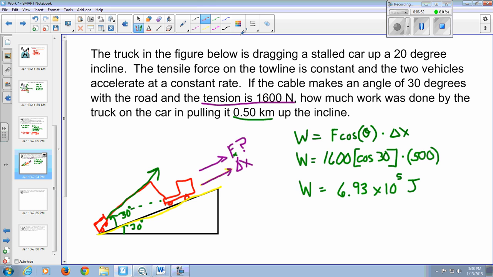When we calculate, we get 6.93 times 10 to the 5th joules. That's how much work the tow line, or the truck, does on the car as it pulls it up the incline.